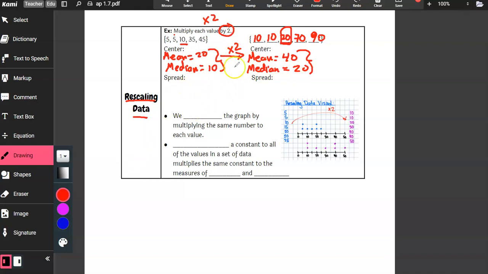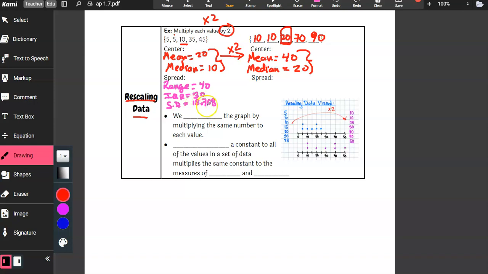The spread, so the range, IQR, and the standard deviation. The range is 40, 45 minus 5. Then it's 30 for the IQR. And the standard deviation is the same thing, 18.708.